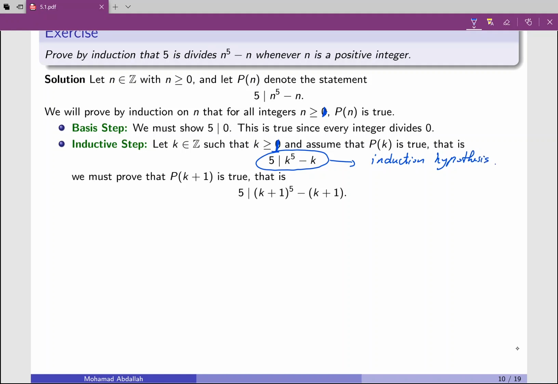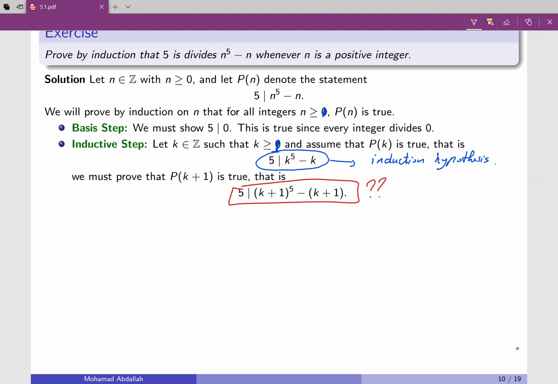Now we must prove that P of k plus 1 is true. That means you must prove this. So this is what you need to show. I don't have this, that's what I seek.